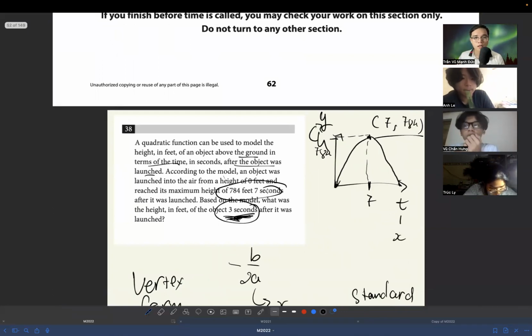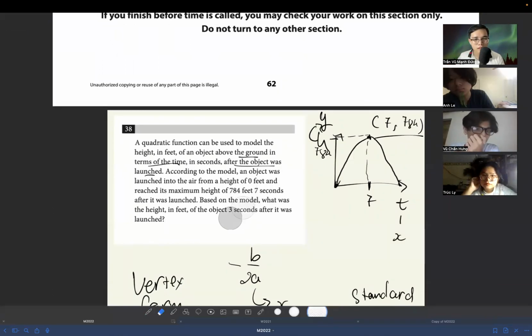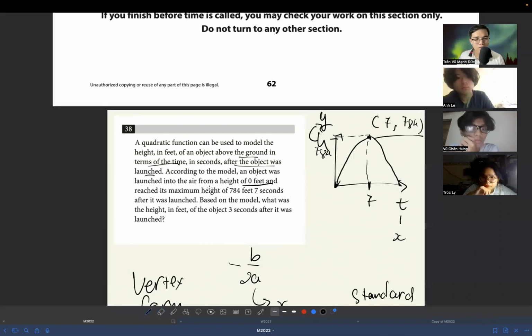They give us one other clue. Just one very slight, very cheeky, bit tricky clue. They launched it from a height of 0 feet. So do we have another point here, another coordinate, which is 0, 0?